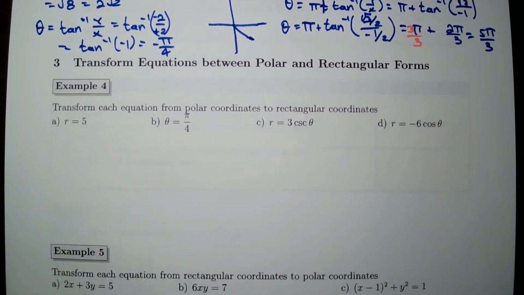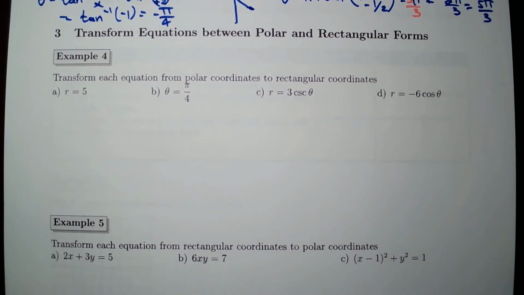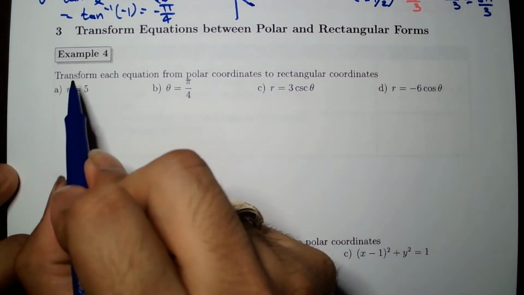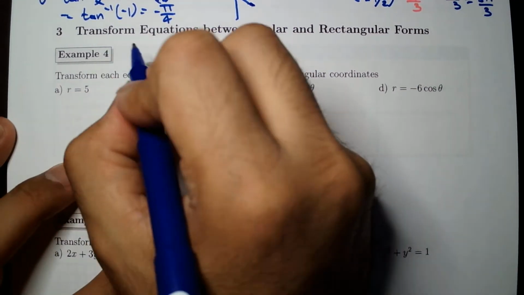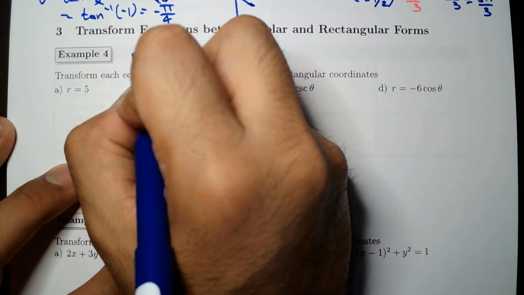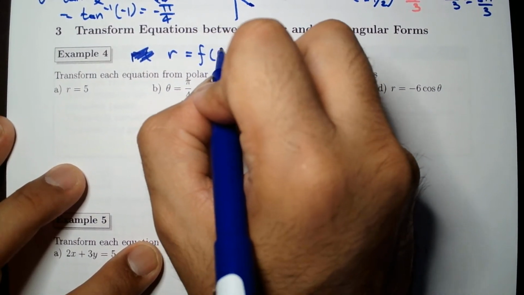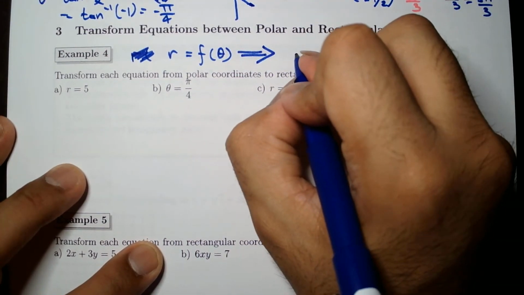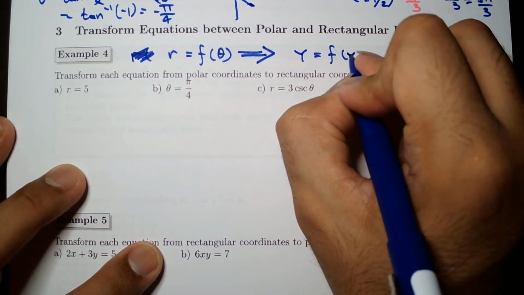Okay, another thing that we do is to transform equations between polar and rectangular forms. So in this case, we are going to write a function that is given as r equals some function of theta, and then we are going to convert that into one that looks like y equals some f of x.